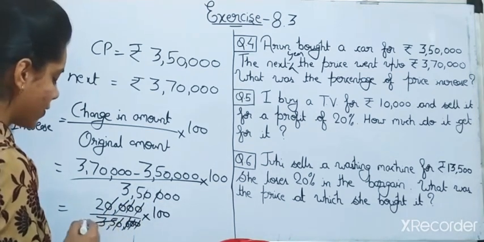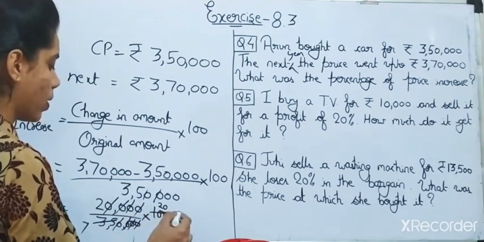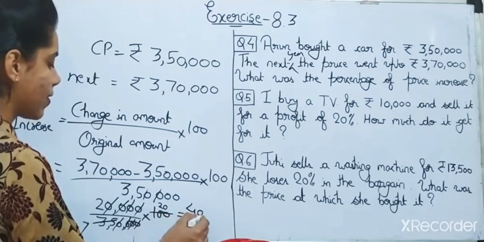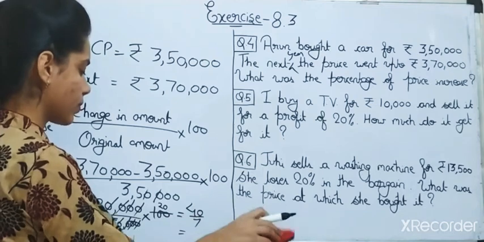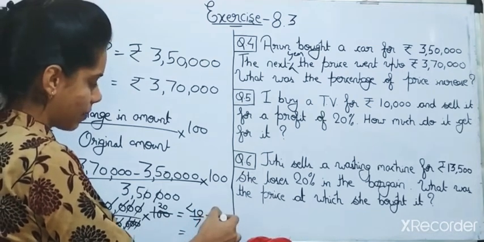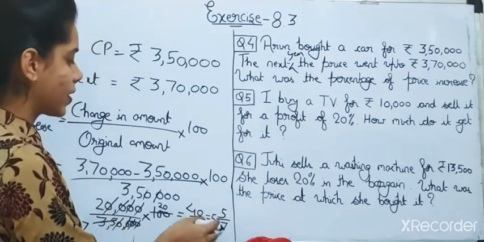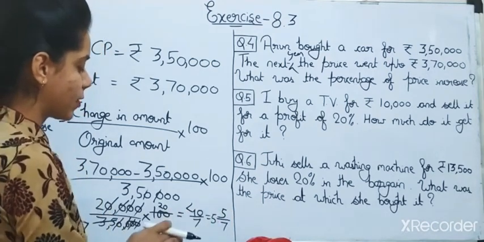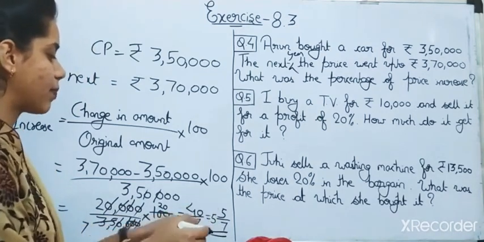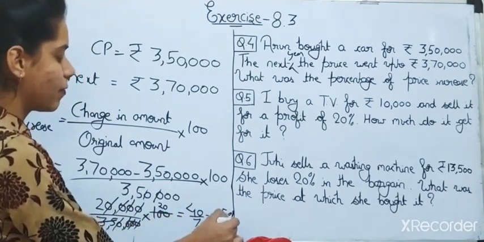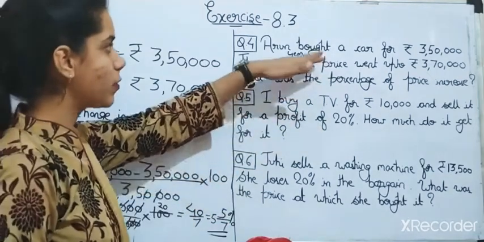Now 5 sevens are 35, 5 twos are 10, 0, 40 by 7. 7 fives are 35, 35 plus 5, 40. 40 by 7 can be written as 5 5 by 7, which means 5 5 by 7% increase in the price of the car.